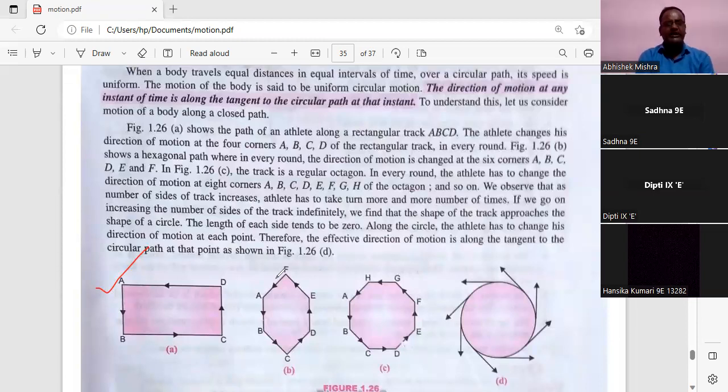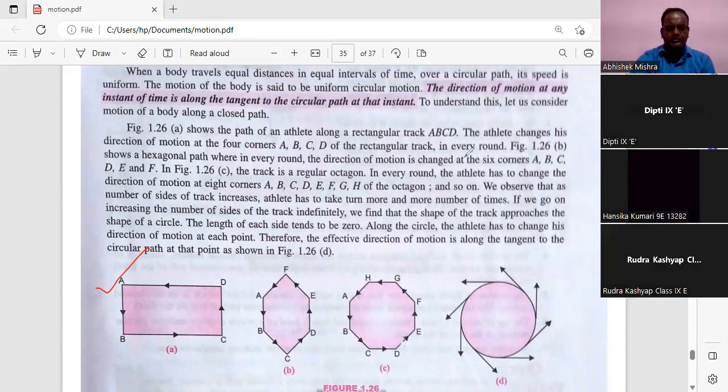Suppose I am talking about a rectangular track. In how many corners can the athlete change its direction? Dipti, you can unmute yourself. If it is a rectangular track, at how many corners can the athlete change its direction? Sir, 4. Okay, very good. Now the next question to Soumya.